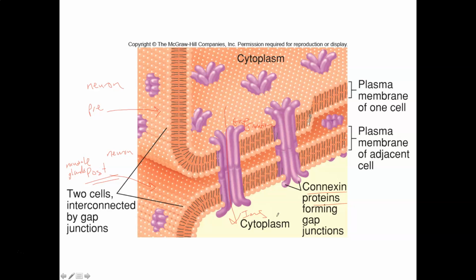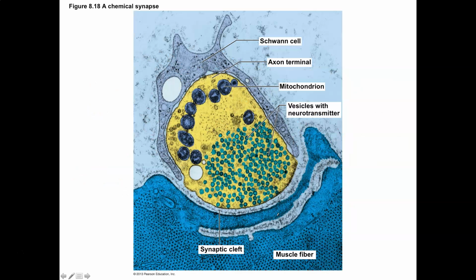The more interesting synapse, or in essence, the more complicated synapse, though, to talk about is the chemical synapse. And so oftentimes you'll see the chemical synapse depicted as an axon terminal connecting maybe to a dendrite on a postsynaptic cell.